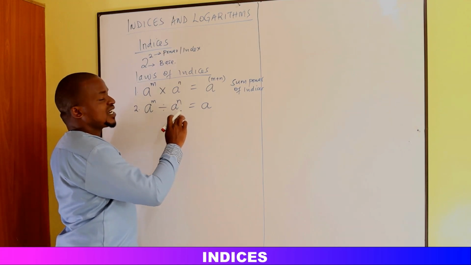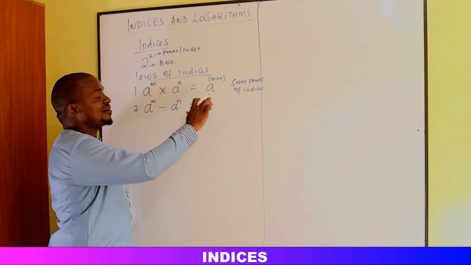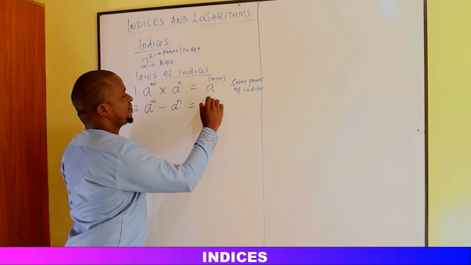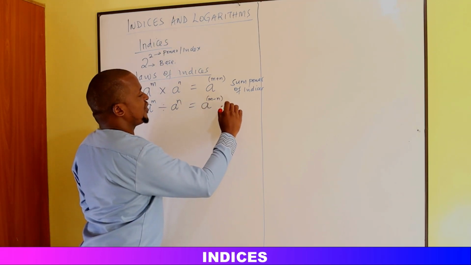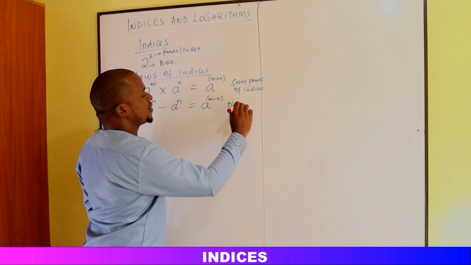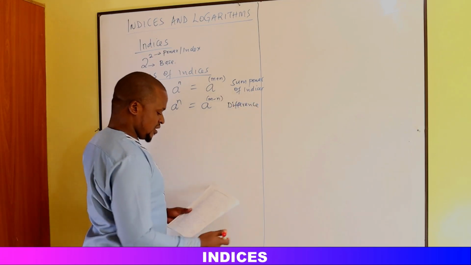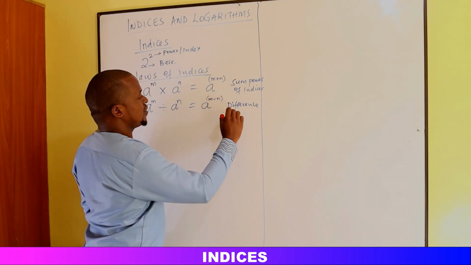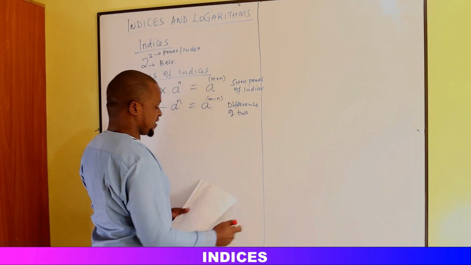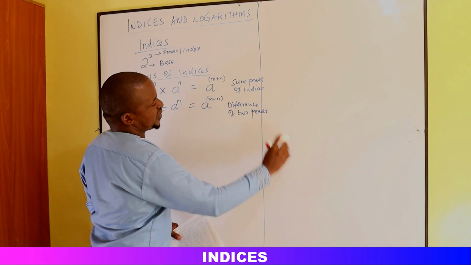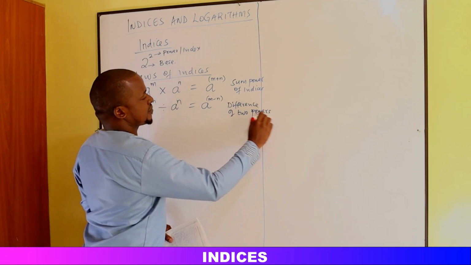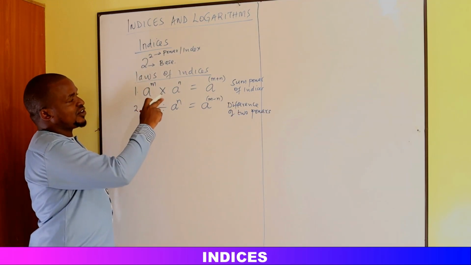Here, because the bases are the same, we subtract the powers, so it will be a raised to power m minus n. This is called the difference of 2 powers, or 2 indices. So that's our second law of index.